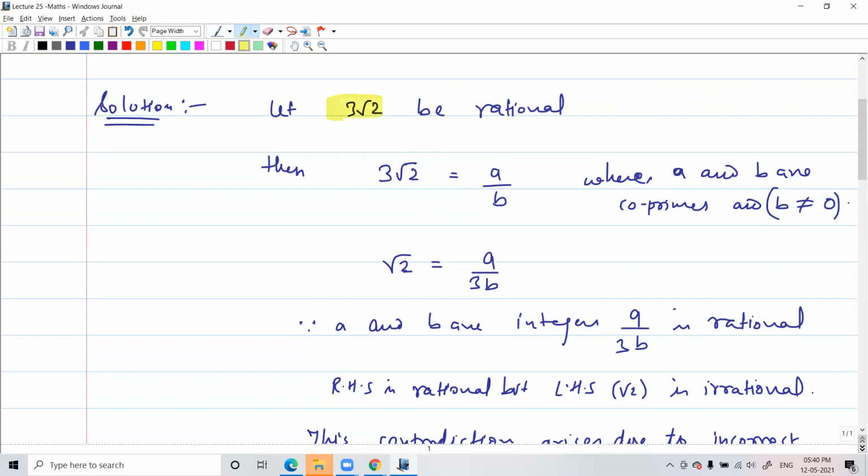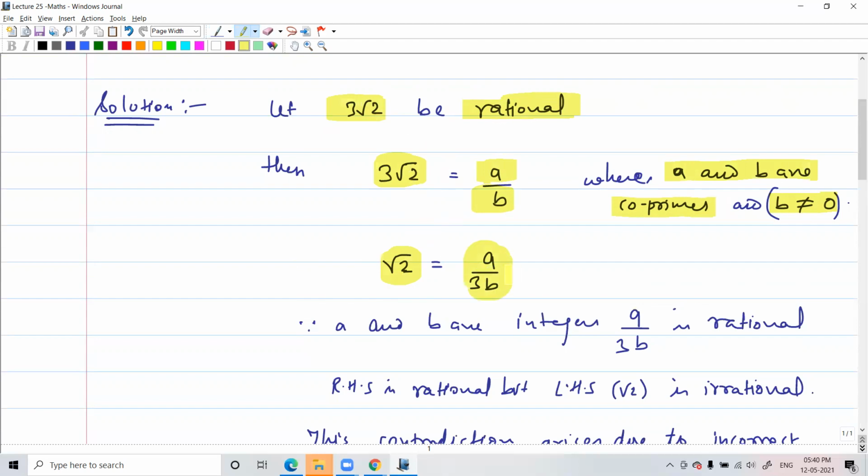Assuming this to be rational, and if it is rational, we can write it in the form of a by b, where a and b are co-primes and b not equal to 0. And then here we did not even have to do any squaring, because we already know that root 2 is irrational, and 3a by b will become rational.